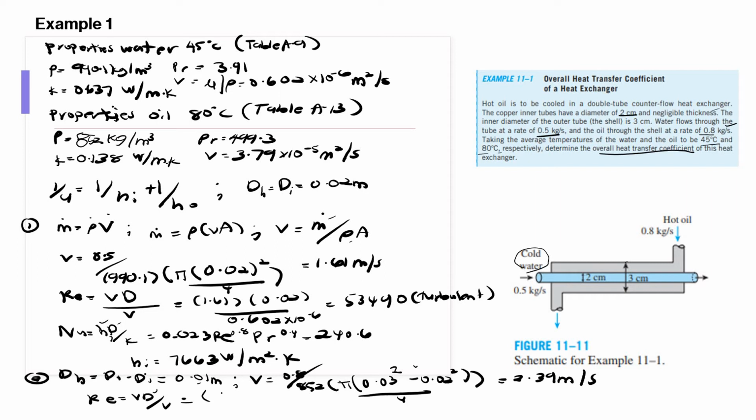Okay, 2.39 times 0.01 over kinematic viscosity is around 3.79 times 10 to the power of -5, and you will have Reynolds number around 630. So this value is lesser than 2300, then the flow is laminar.